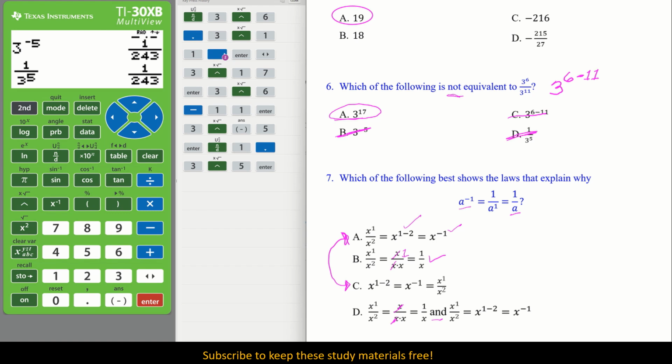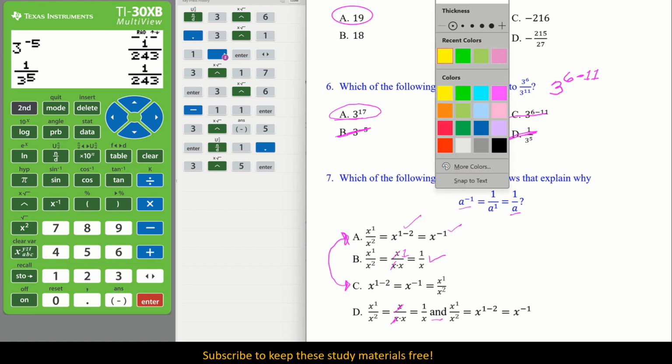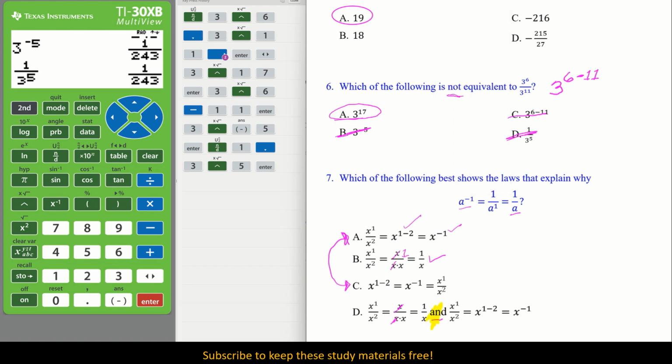So it's saying this explanation is true and this is true. Well, in my opinion, D is the best thing because it's giving us 2 things. And with this word "and" here, that's not really what I wanted to do.